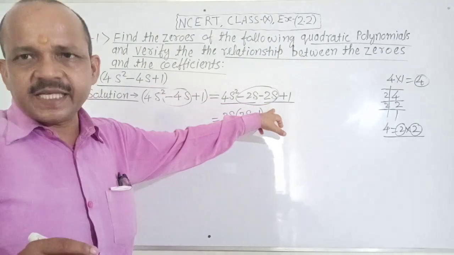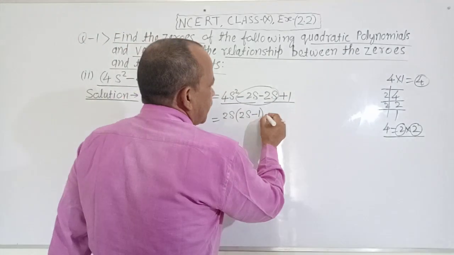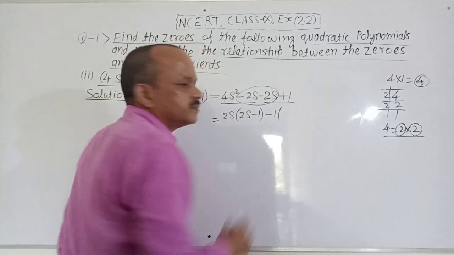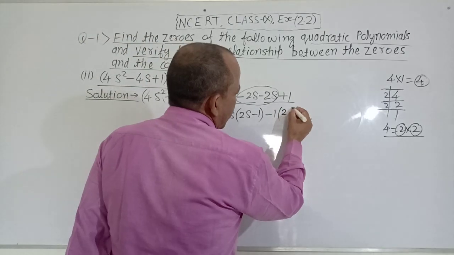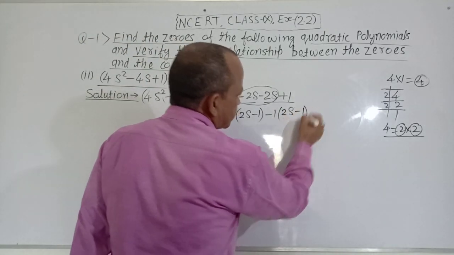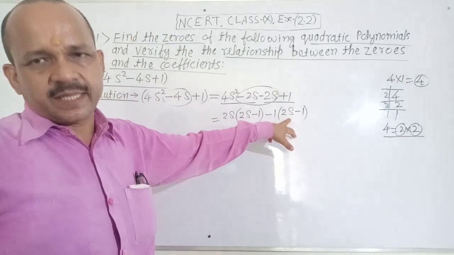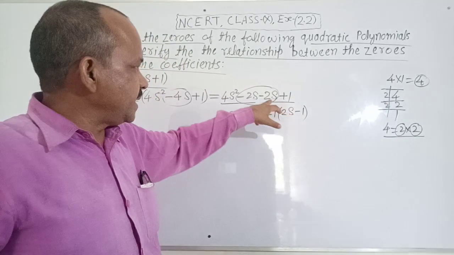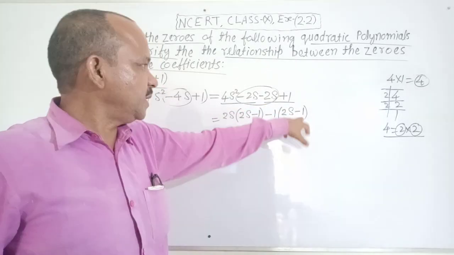Here in the second pair, you can take common minus 1. And here you can write 2s and here minus 1. If you multiply minus 1 and 2s, it becomes minus 2s. If you multiply minus 1 and minus 1, it becomes plus 1.